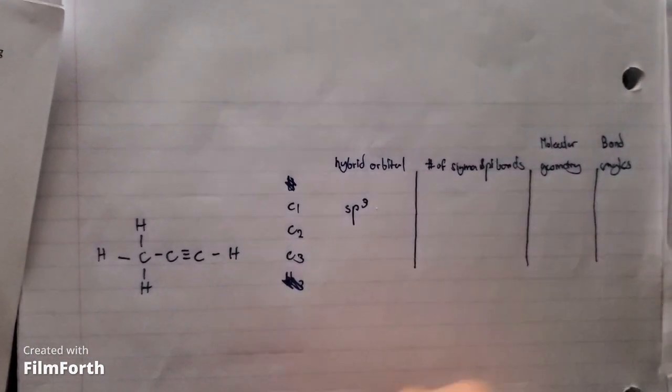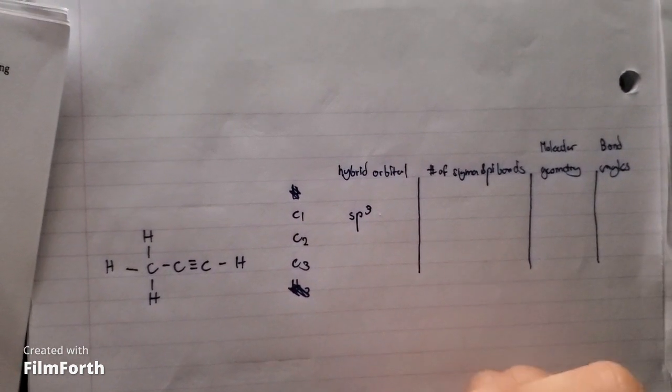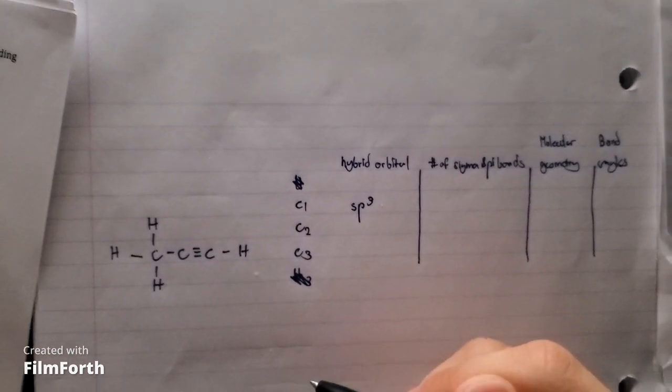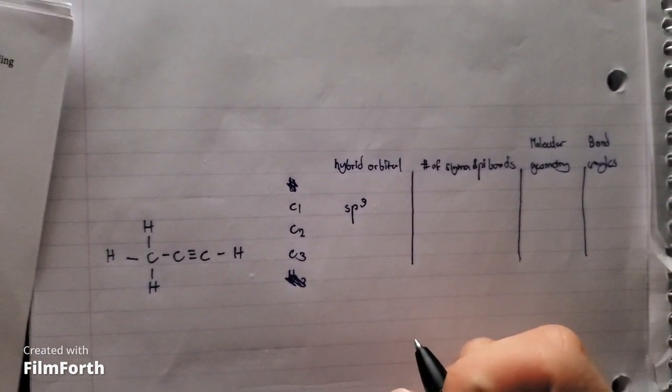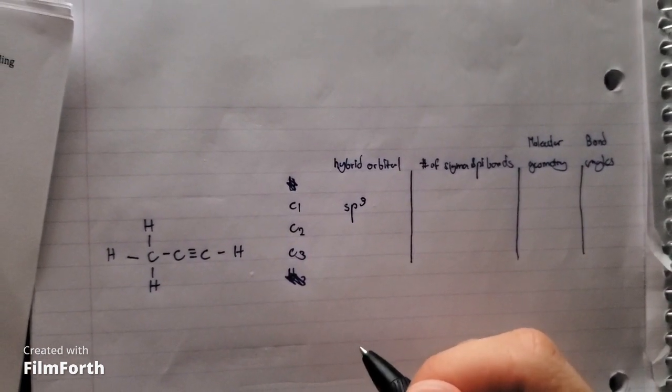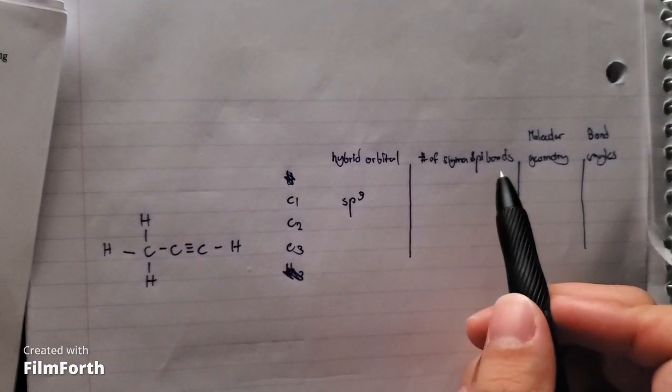In order to find this is actually really, really simple. Keep in mind that we're here to count the single bonds, the double bonds, and the triple bonds, or to find these sigma and pi bonds.